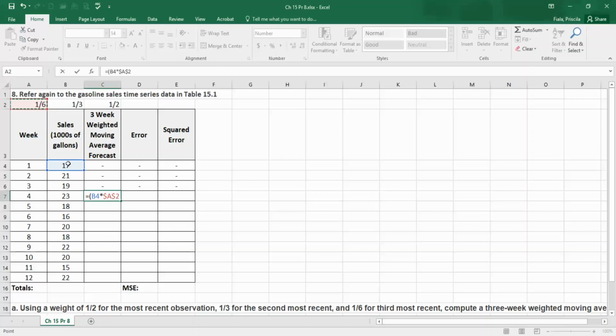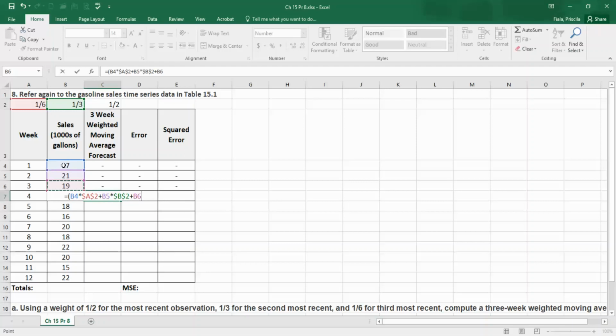Let's go ahead and press the F4 key on your keyboard to always refer to 1/6. The first one is always going to refer to 1/6, plus the second value, second week, times its weight, which is 1/3. Let's press the F4 key to make sure you always refer to 1/3, plus the last value, week 3. It's a 3-week average, so we're doing first value, second value, third value.